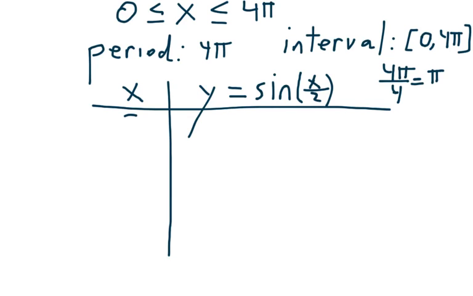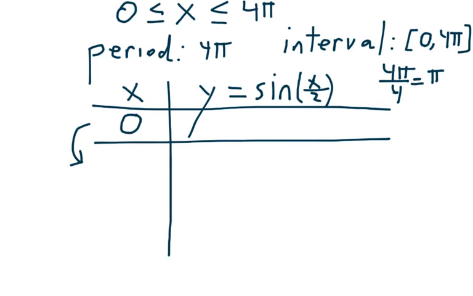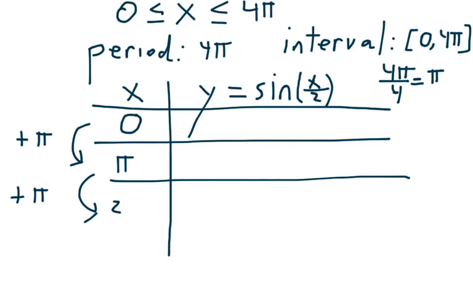So we're going to start at 0, okay? Then we're going to add our period over 4, which is pi. So we're going to add pi, and of course we get pi. We add pi again. We get 2 pi. We're going to add pi again. Again, this is basically our step, so to say, the period over 4.